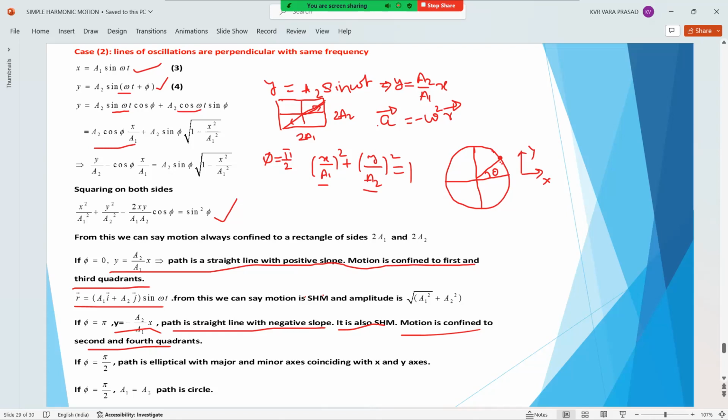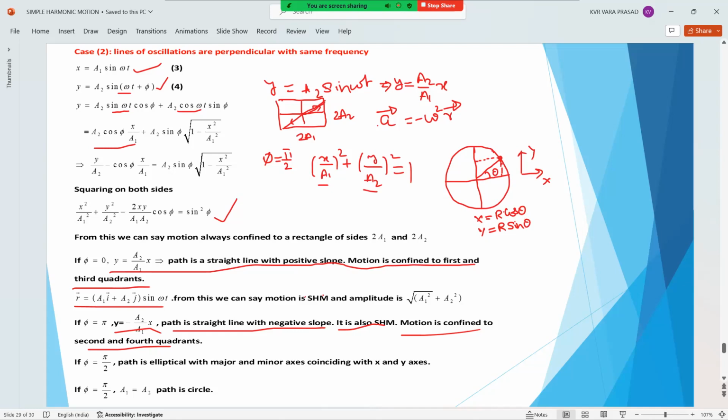Now see its projection. Its projection on the x-axis is x equal to r cos theta, and I can take theta equal to omega t. And its projection on the y-axis is written as r sin omega t, where theta equal to omega t.